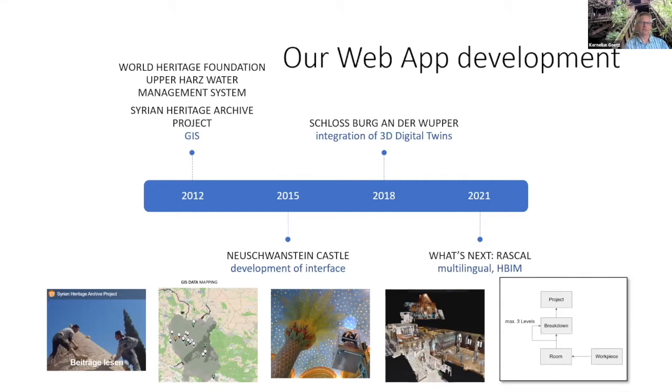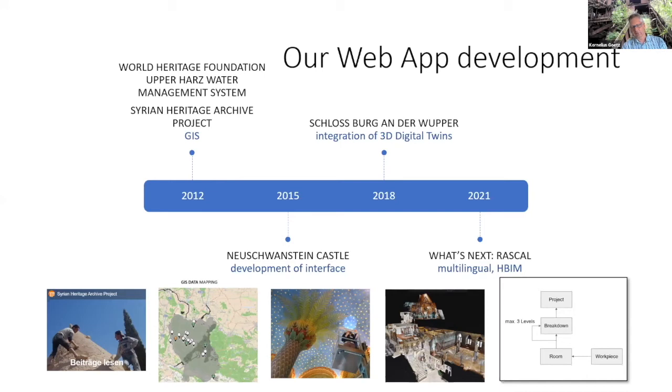And we introduced the GIS issues in these two projects, and we moved on in 2015 with Neuschwanstein Castle, and we added to our web app an interface to bring data from the web app to other applications. In 2018, we integrated 3D digital twins.